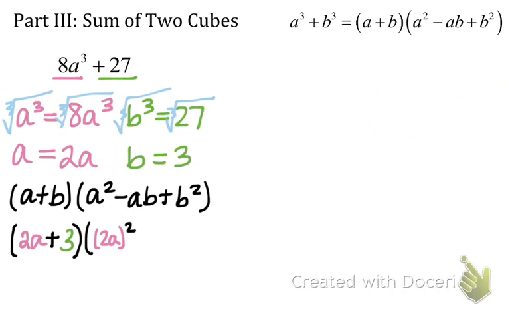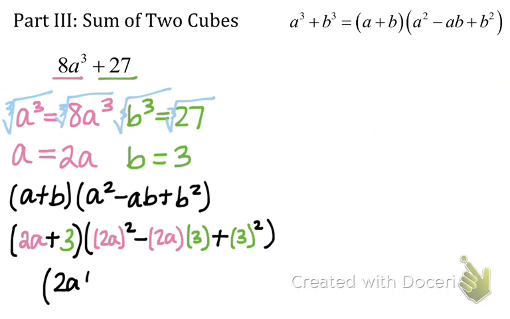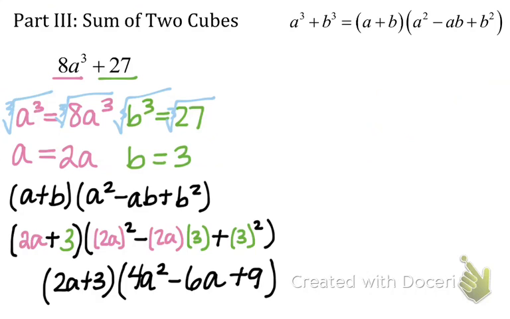A squared will be the whole quantity of 2a squared, minus a times b multiplied together, plus our b term squared. Remember that when you square something like this, you need to square both parts. So 2 squared is 4, and a squared is a squared. So we have 4a squared minus 6a plus 9. This is completely factored.